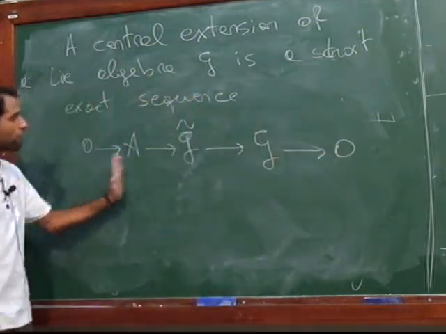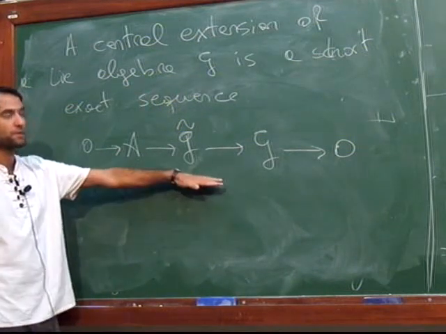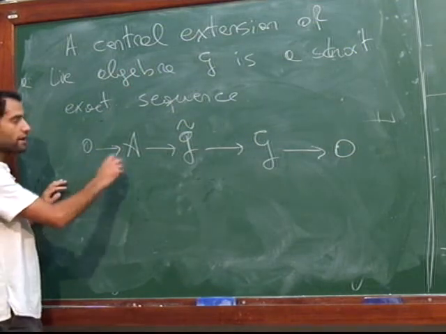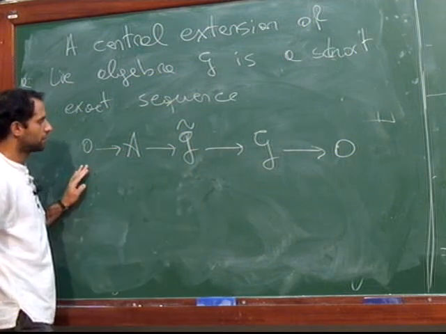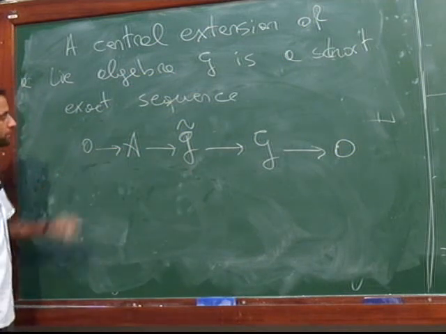So this means I have morphisms of Lie algebras. All these maps are morphisms of Lie algebras. And the fact that it's exact means that the kernel of each arrow is the image of the previous one.